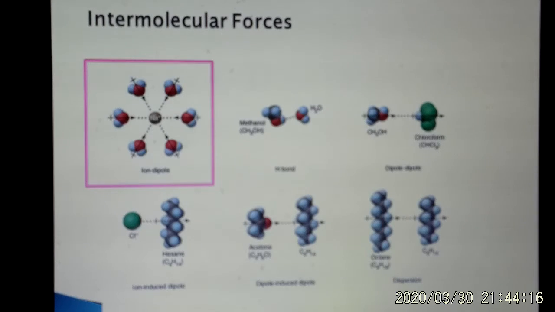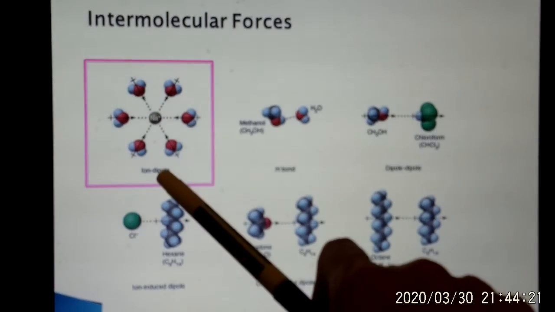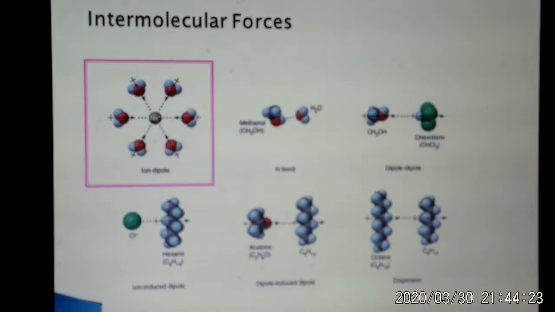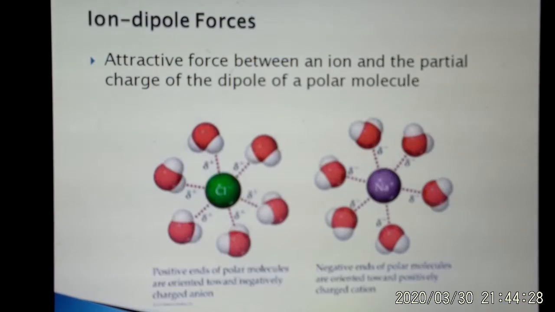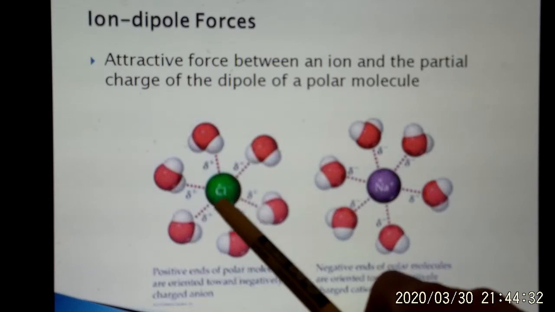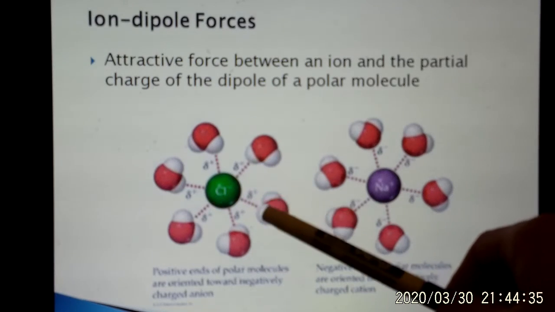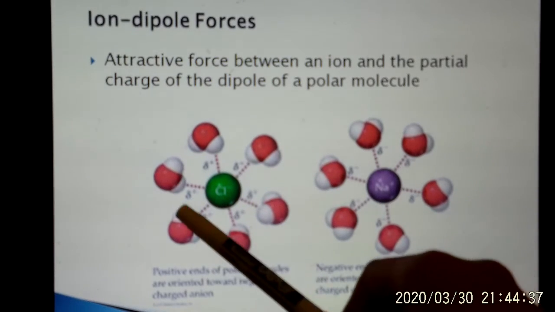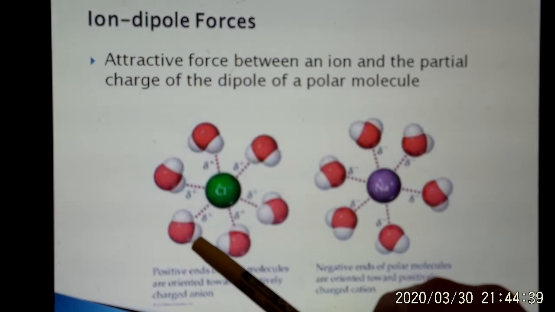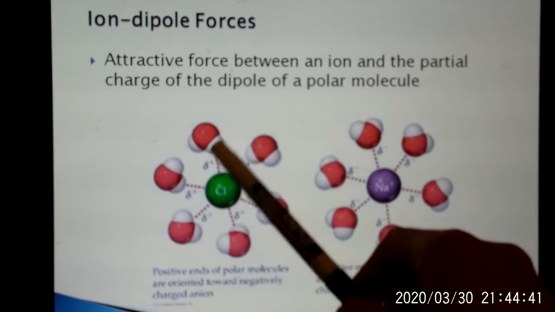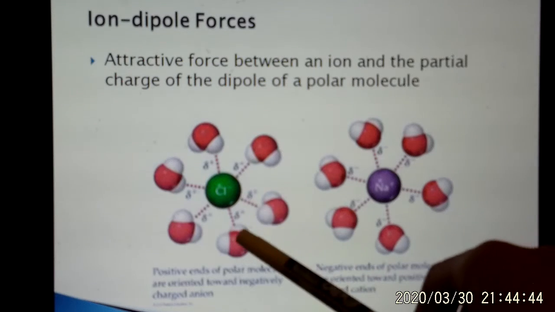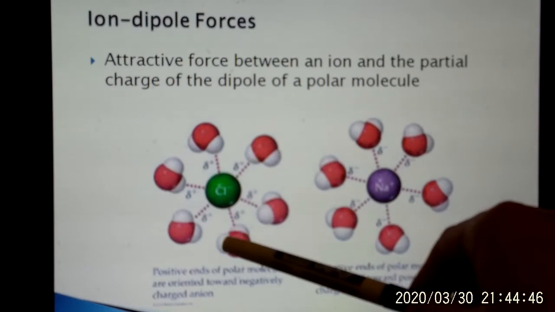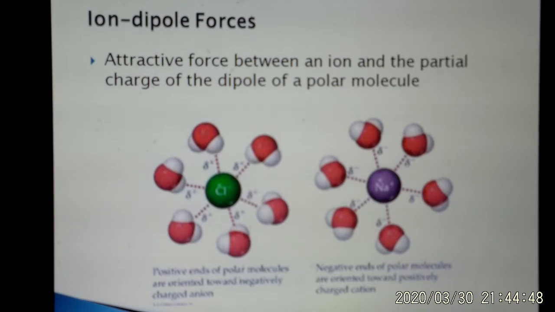Okay, the last of the intermolecular forces is basically ion dipole. Okay, and we see this when we dissolve our ionic compounds. So an ion dipole, basically, my chloride has a negative charge, and I have all these water molecules, and all the hydrogens with the delta positive charge on the hydrogens will actually interact, forming an ion dipole attractive force.